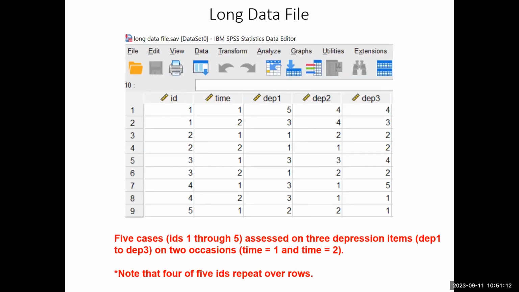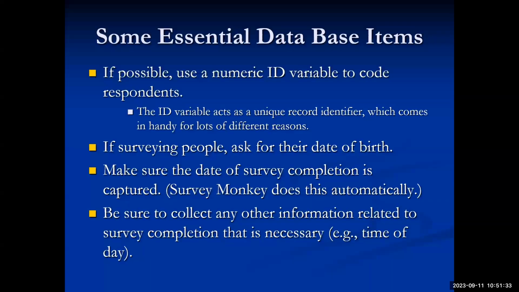We think about a baseline and discharge, say, for example. Now, the kinds of analyses we're doing and the software we're using might dictate which structure we need the data in. And SPSS has procedures to go from wide data files to long data files and from long data files back to wide data files.